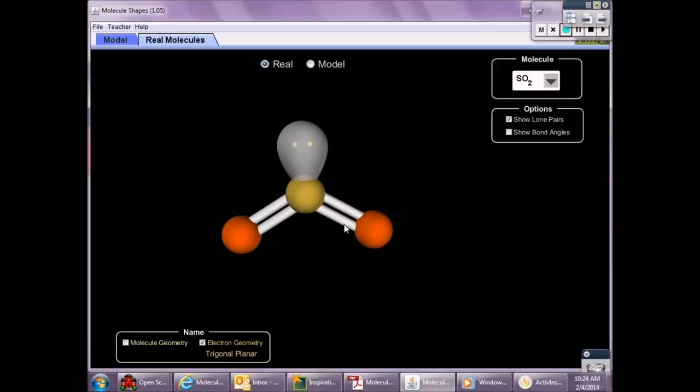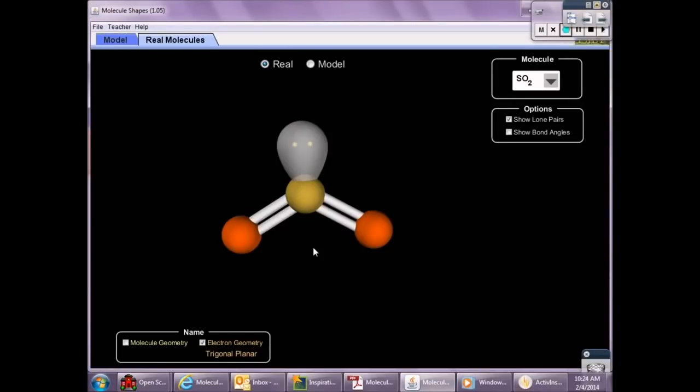Okay, I hear two different answers. The answer is less than 120, because the pair of unshared pushes the others more, they get closer to each other, so it is less than 120. Okay? Let's move on to our next example.